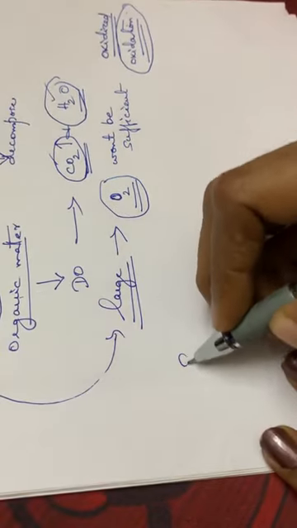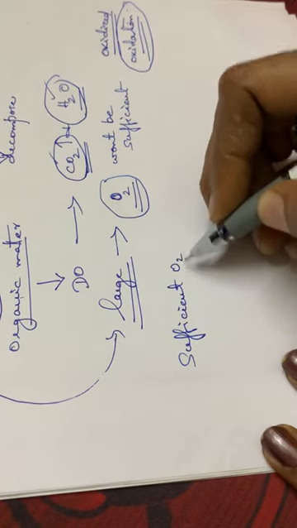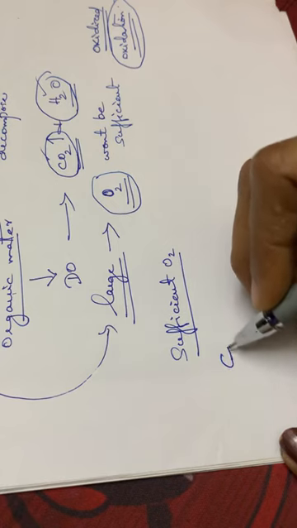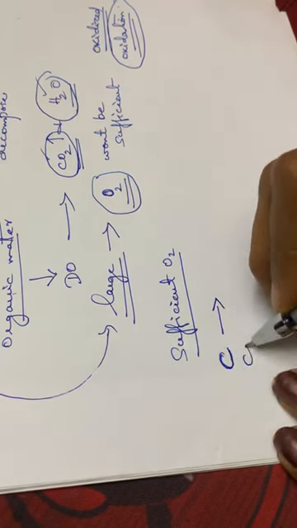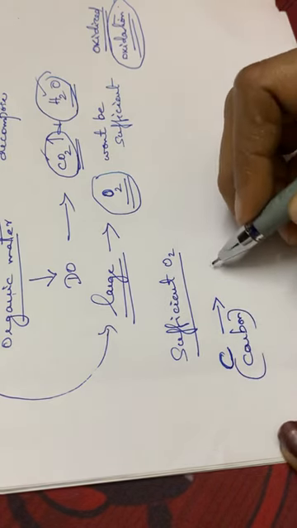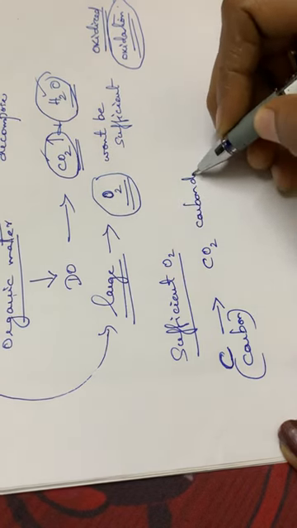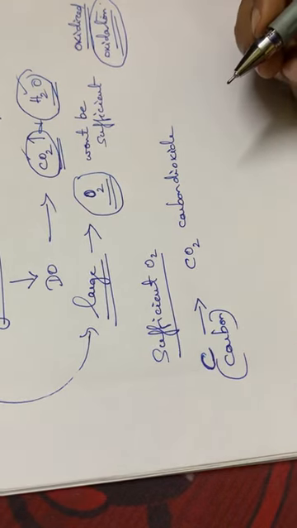The carbon in the organic matter, C, will be oxidized to carbon dioxide, CO2. Carbon will be converted to carbon dioxide.